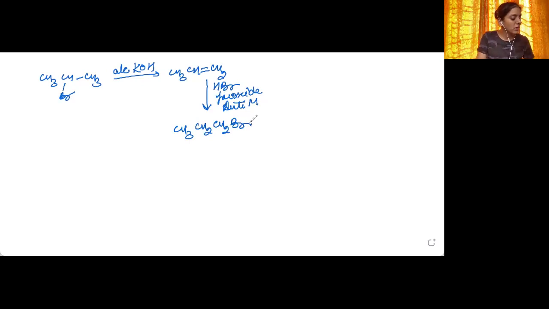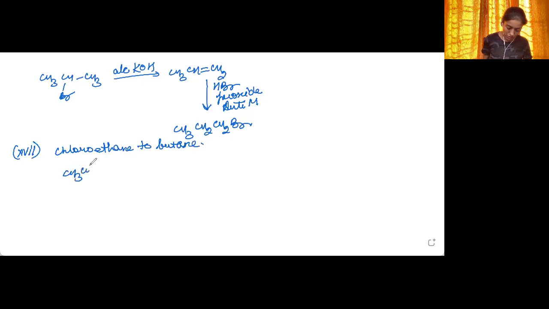Next is the 17th part: chloroethane to butane. CH3CH2Cl to CH3CH2CH2CH3.